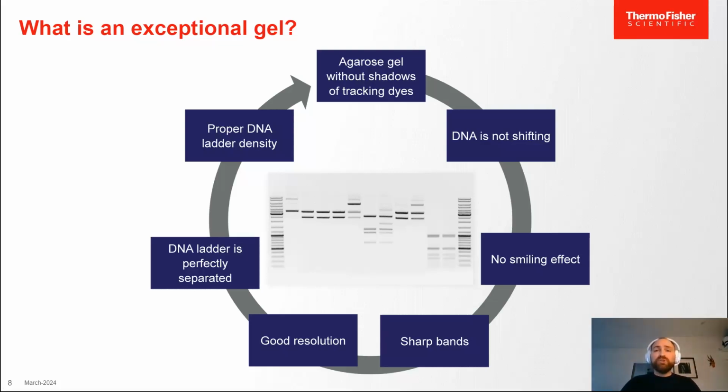We want our bands to be sharp. We want good resolution. We want the DNA ladder to be properly separated and to have a proper density, so we can estimate the size of each of our fragments accurately. Basically, we want a gel very similar to what we are showing here on the slide.